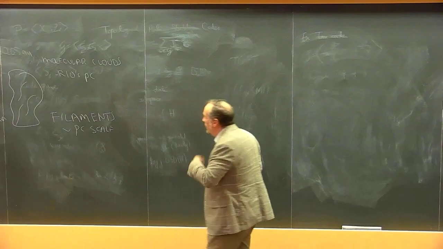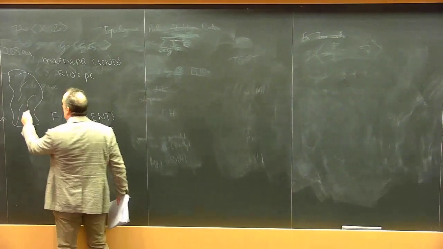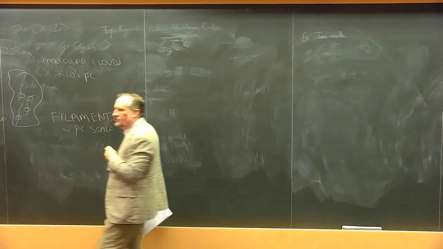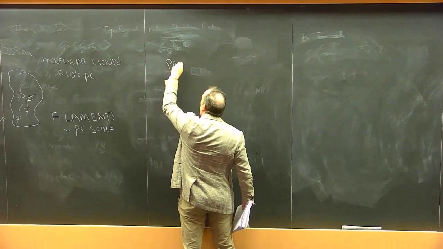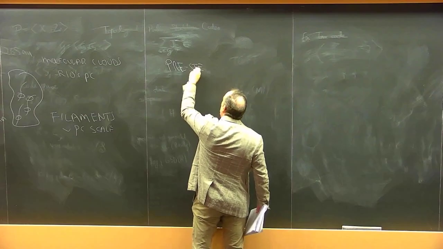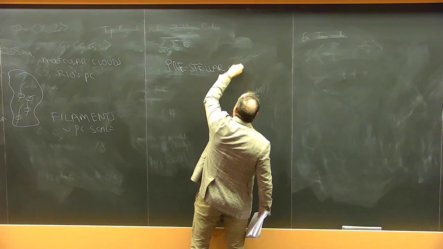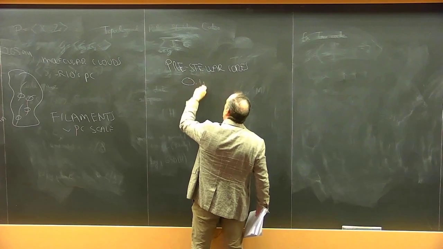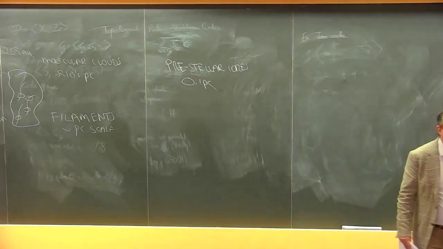Then in regions of the filaments, gravity starts to win, and you get condensations. We call these pre-stellar cores because the star is not born yet. Now we're getting closer to the AU scale. We're about 1/10 of a parsec, or 20,000 AU.